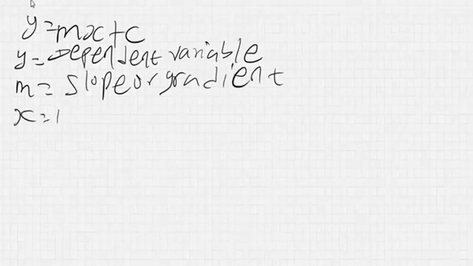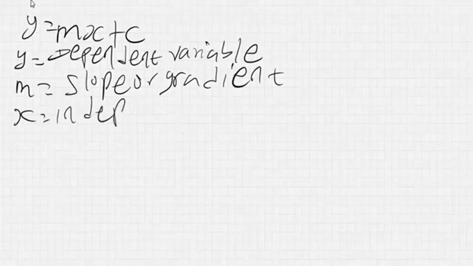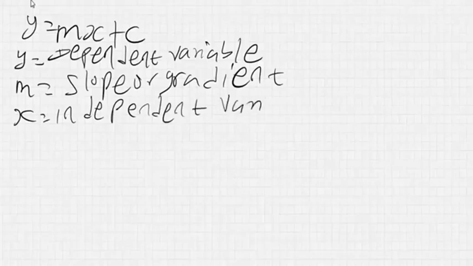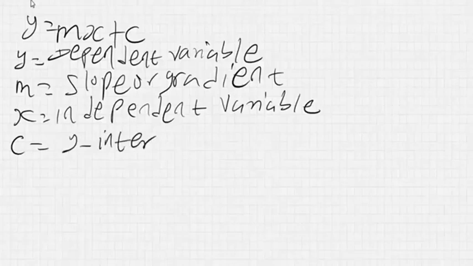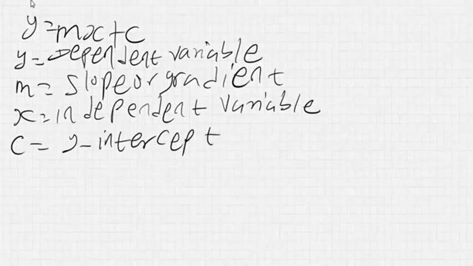Our x is the independent variable. And our c is the intercept, the y-intercept. These are very important parameters in the concepts of a straight line graph, and we are going to see how we can get each and every one of them in the course of this video.